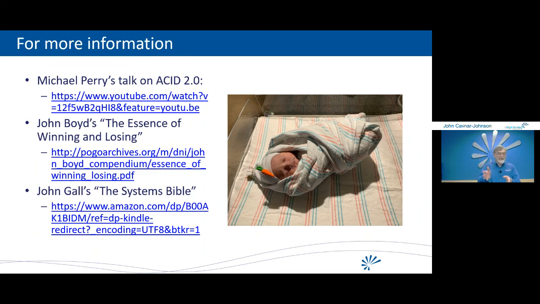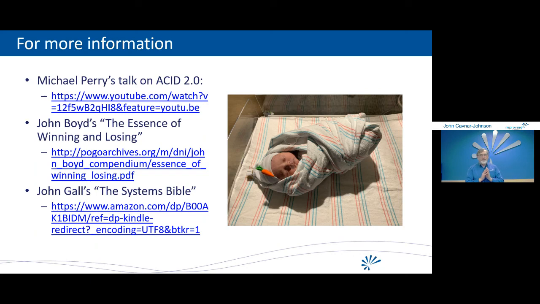So anyway, no. Here are some resources I really recommend. Go watch Michael Perry's talk on Aspen 2.0. That's the link to the YouTube video of his talk. Go read John Boyd's The Essence of Winning and Losing. After you read that, you're probably going to want to go read a whole bunch of other things. But Boyd discovered a model that's very effective.